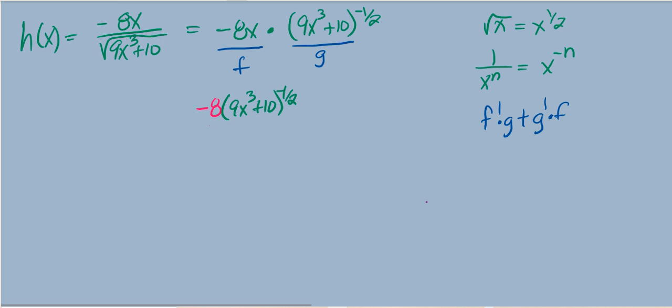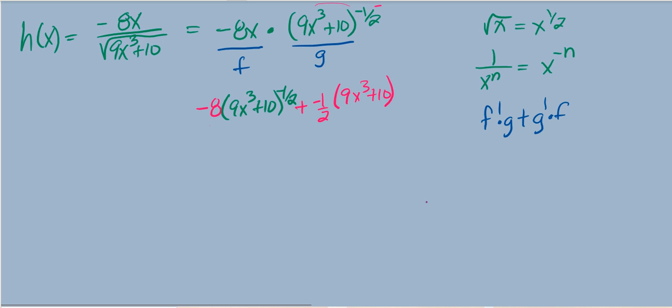Now I need to look at the derivative of g. I need to bring the negative 1/2 to the front, so that'll be negative 1/2 times (9x cubed plus 10).